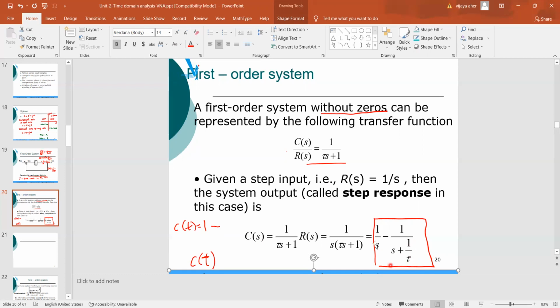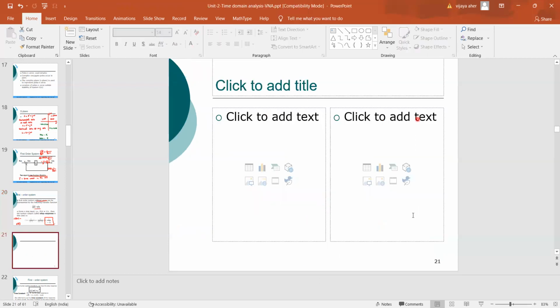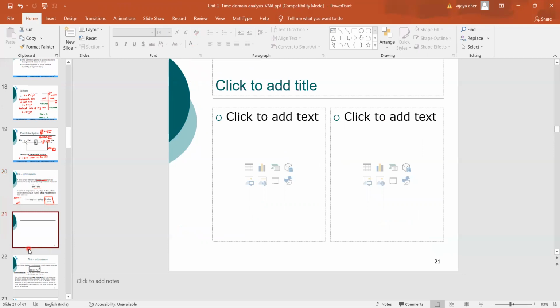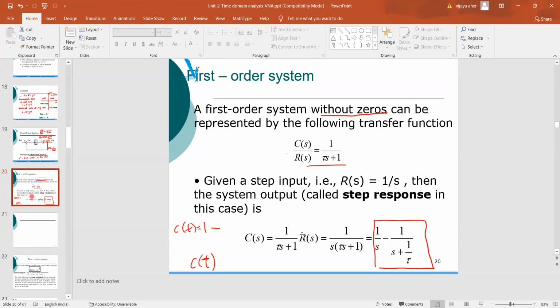So if you simplify this, you can write it as 1 divided by s minus 1 divided by s plus 1 divided by tau, in brackets. You will get poles at s is equal to 0 and s is equal to minus 1 by tau.